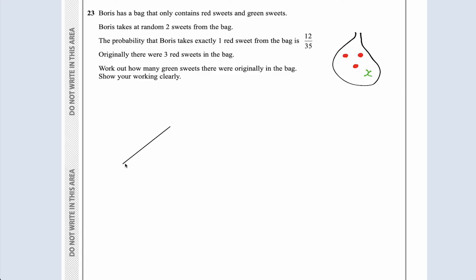So this is the first sweet, and it can be red or green. Obviously, guys, you don't have to use the colors, but why not? And this is going to be red and green, and this is going to be red and green.